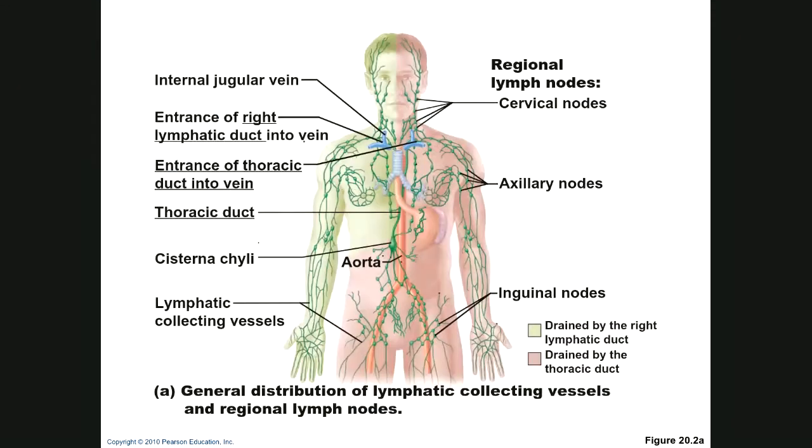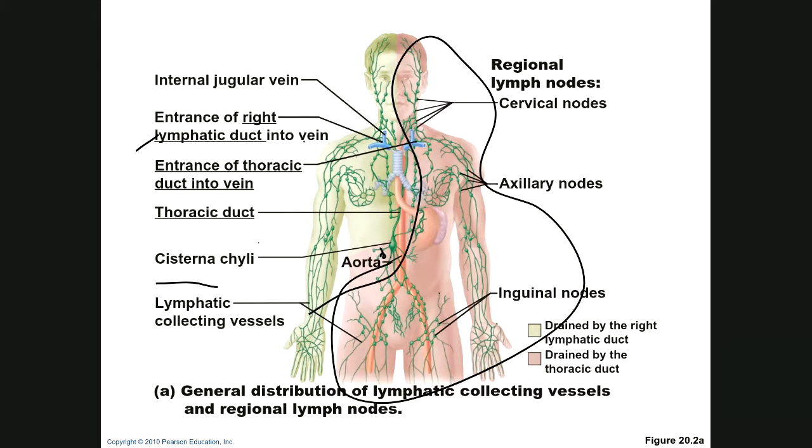So as you see, the green on this side is all draining into the right lymphatic duct. Now, the thoracic duct, which starts here at the cisterna chyli, this big green blob here, drains all the rest of the body.